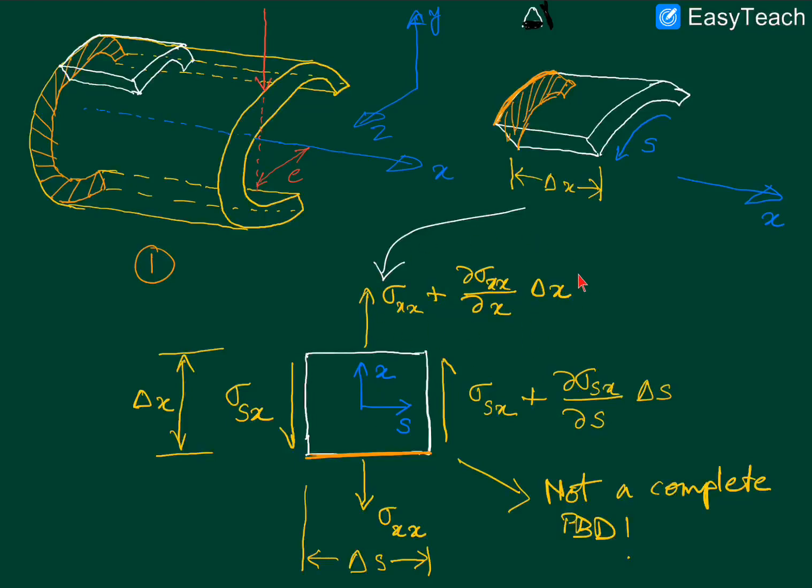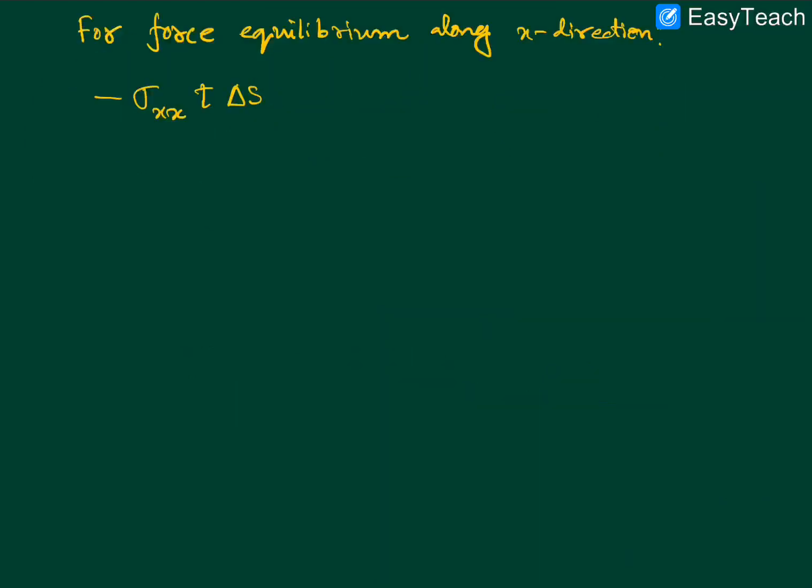So the next thing that we are going to write is the contribution to the force due to this, and that will be plus, because it is oriented along the positive x direction, sigma xx plus del sigma xx del x delta x, times t delta s.